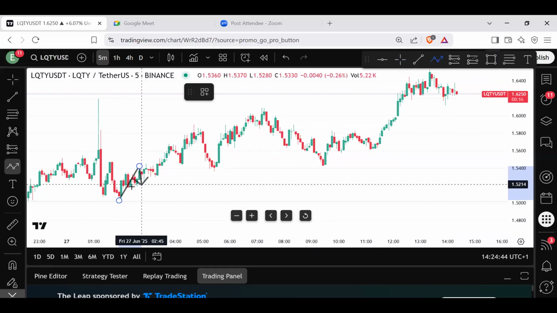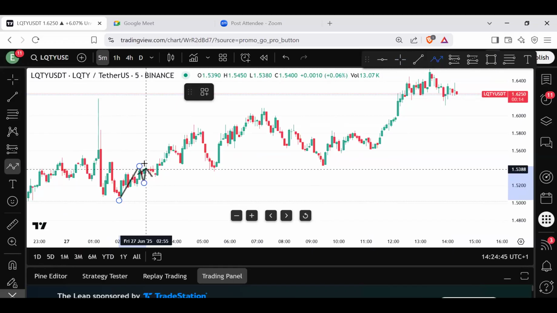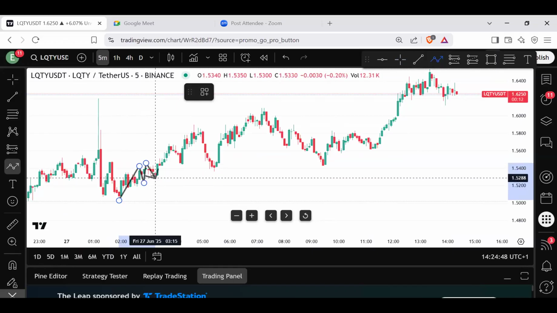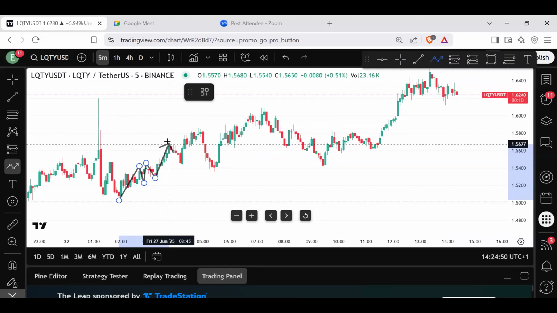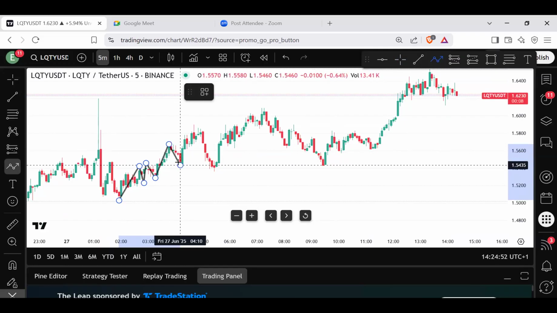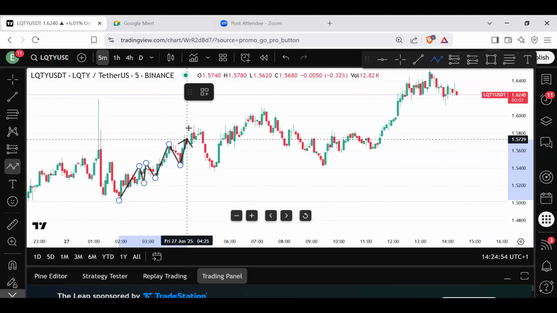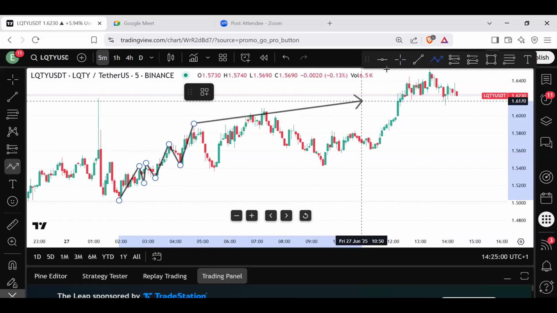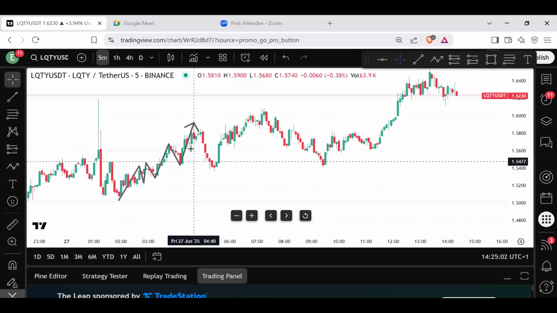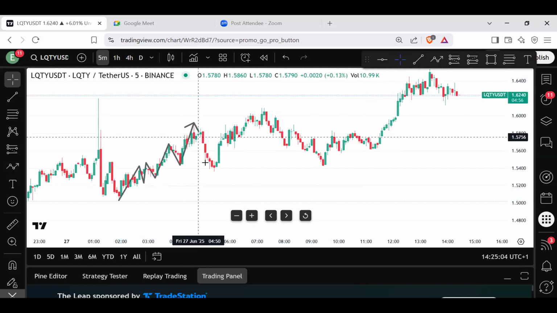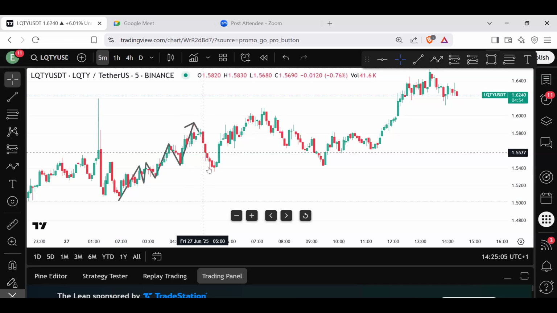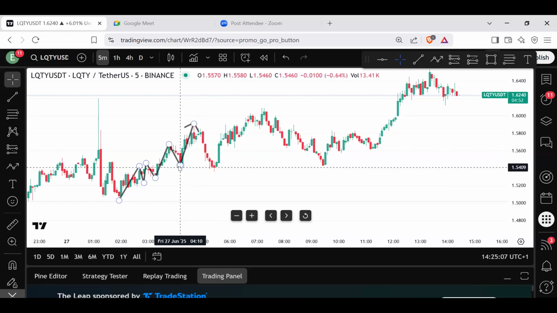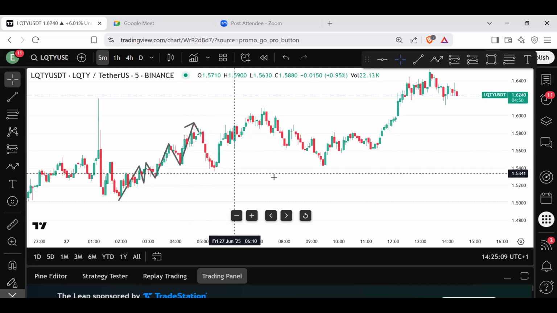Valid pullback, impulse, valid pullback, impulse. That next is a correction. Now the next pullback took out the last valid inducement.